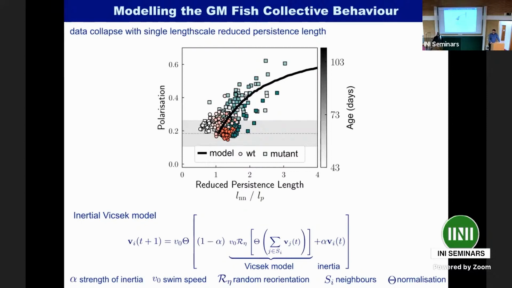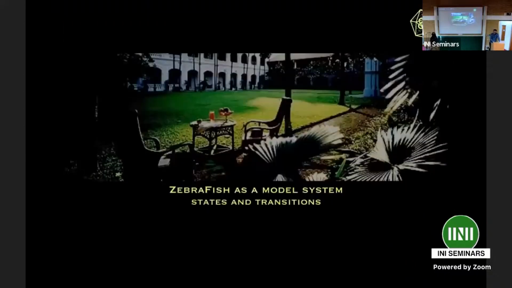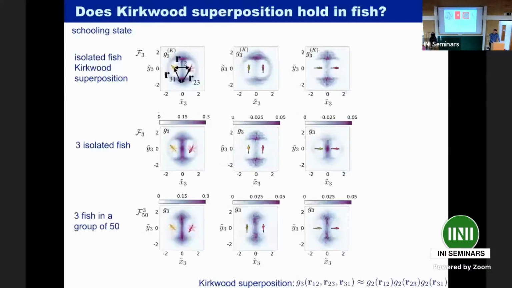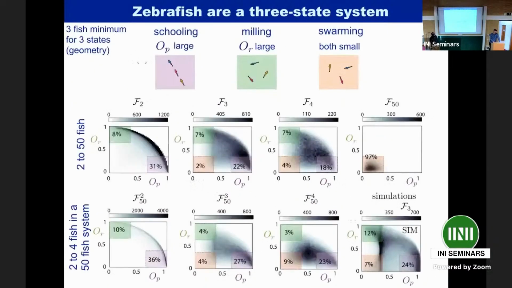Your fish, are they point particles in your model or are they ellipsoids? In the Vicsek model they are point particles. We have another model, which I'm going to be really annoying and tell you that we have it, but not tell you about it. This is a more complex perception model, where they can see each other and interact in a certain spatial zone around each fish, with attractions and repulsions.